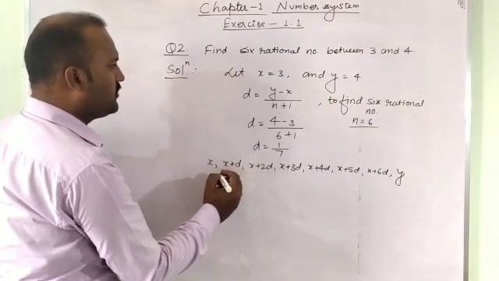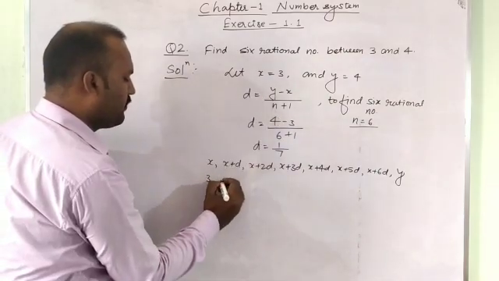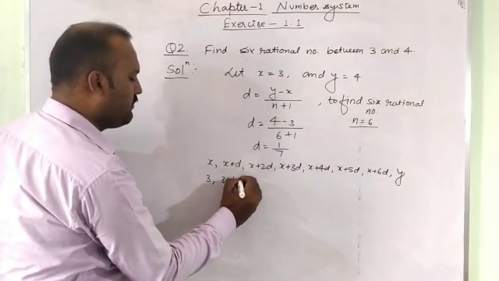Now substitute the values. X is equal to 3. This will be 3 plus 1/7.